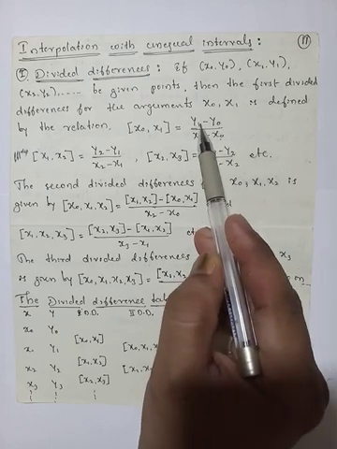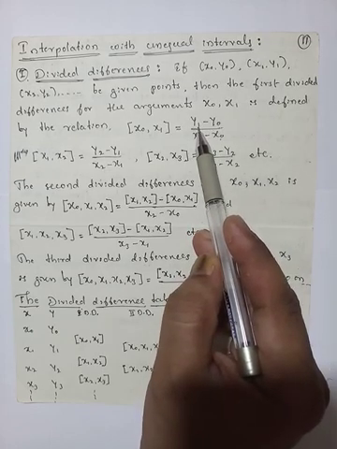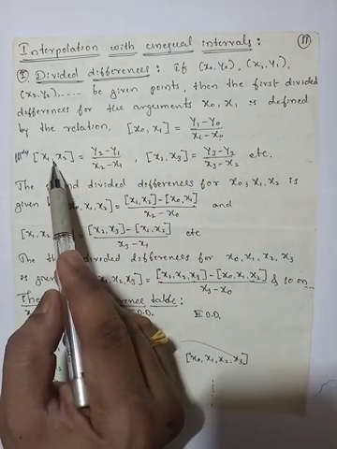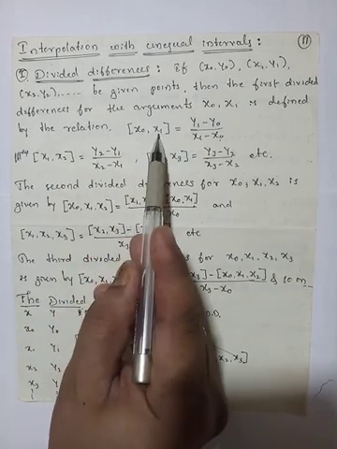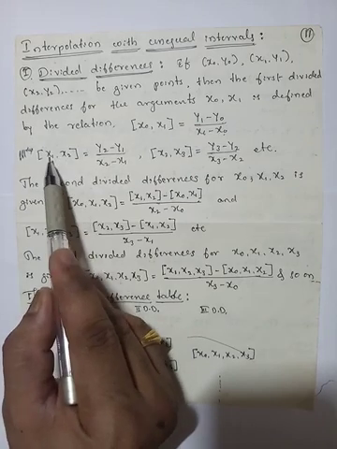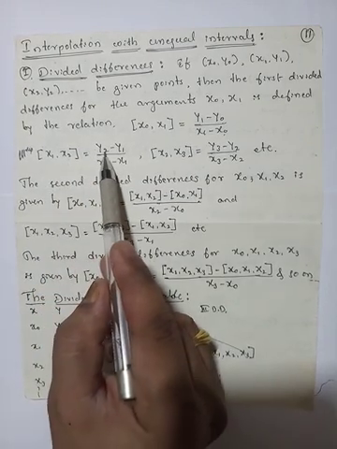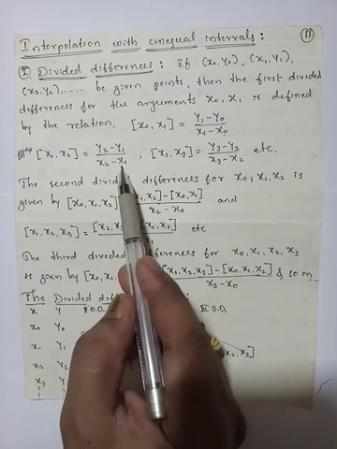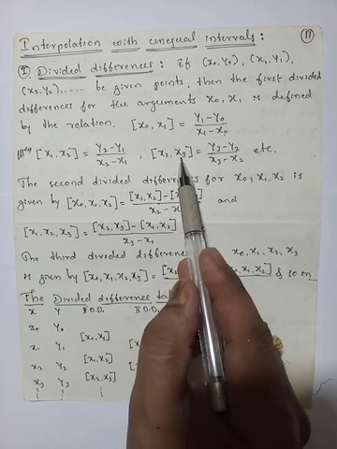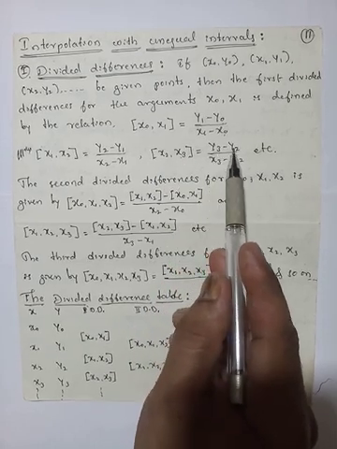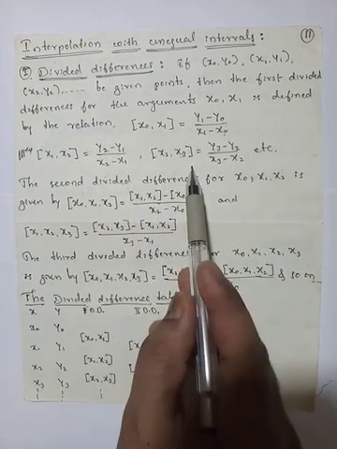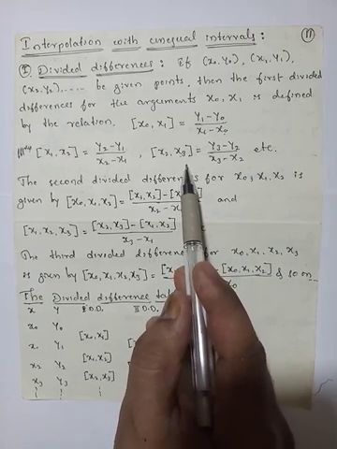Next, for x1 and x2 it is defined as y2 minus y1 divided by x2 minus x1. Similarly, for the arguments x2 and x3, it is y3 minus y2 divided by x3 minus x2. These are called first divided differences.